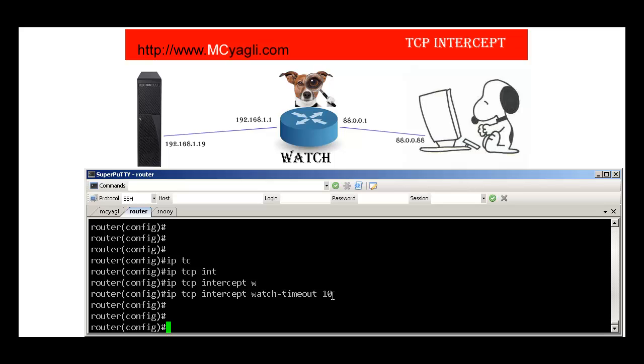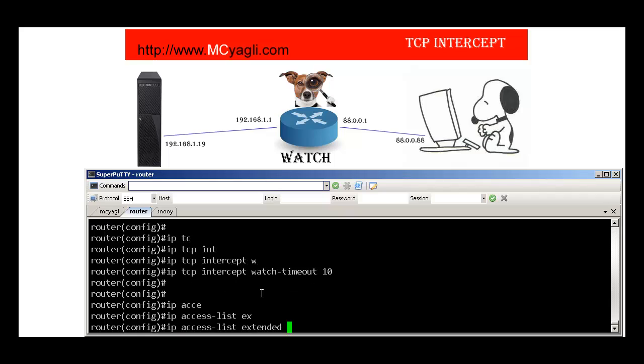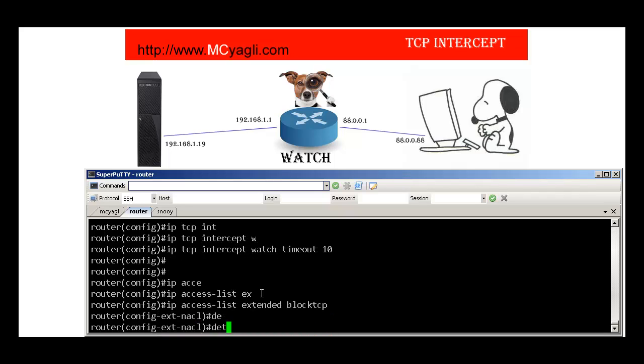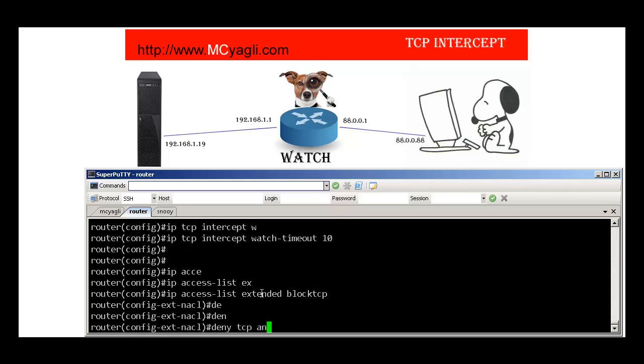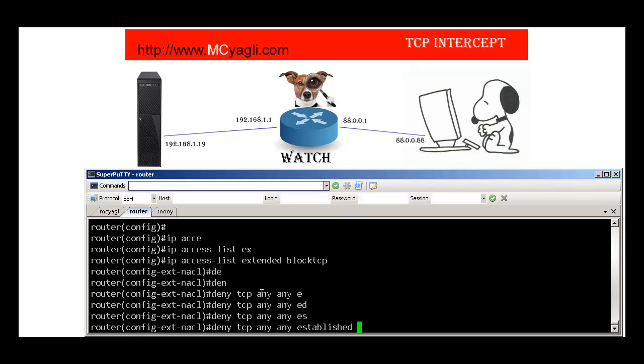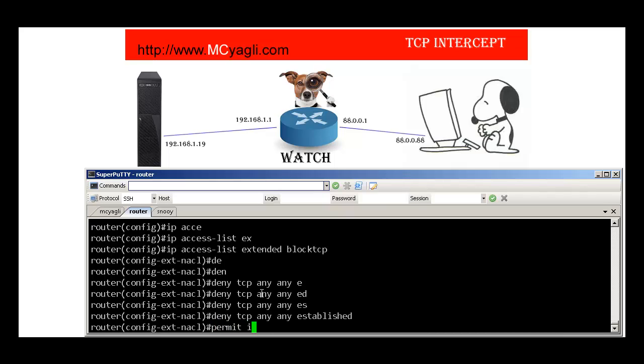Okay, step 4. This time I need to configure an ACL which will cause the connection to fail. Like I said, I didn't do the same thing when we were studying the TCP intercept mode, but I will do it here. ip access-list extended block-tcp, deny tcp any any established, and permit ip any any.